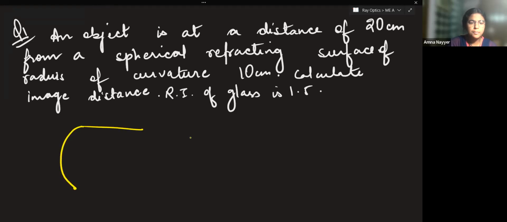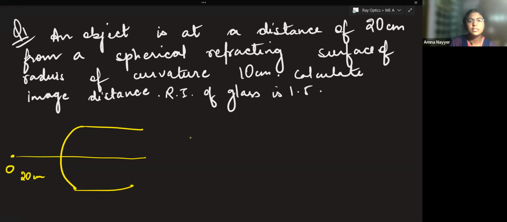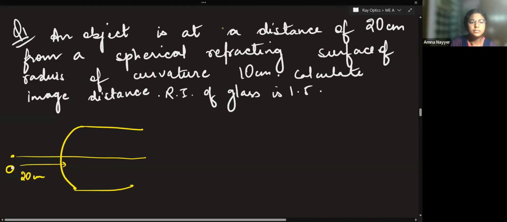If this is a part of a glass, object is at a distance of 20 centimeter. This is the position of object. This is 20 centimeters from the pole of the spherically refracting surface. Radius of curvature is given as 10 centimeter.